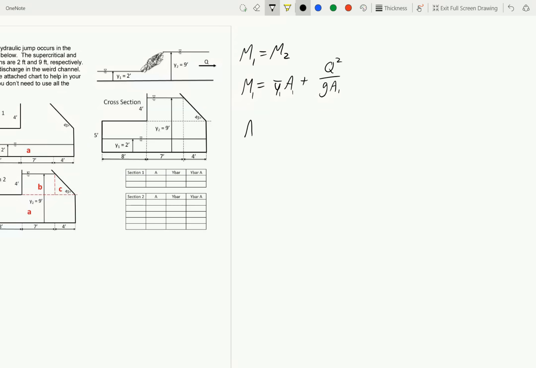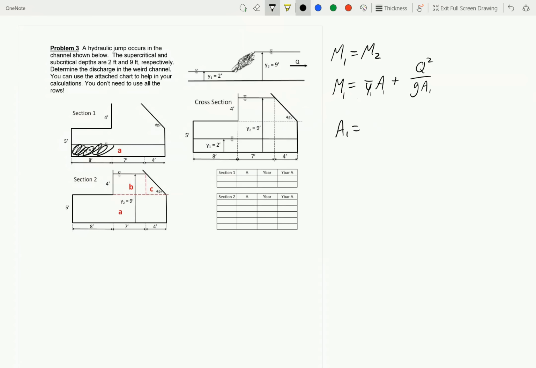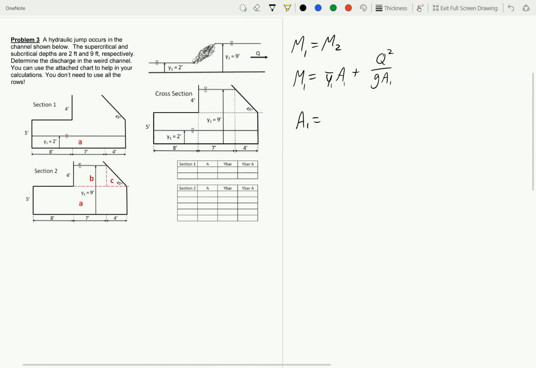So we'll start off with A1 because that's probably the easiest part. A1 is simply the area of this zone right here, and that's just 2 times the width of this channel, which is given as 19. So we have 2 times 19, which is 38 feet squared.